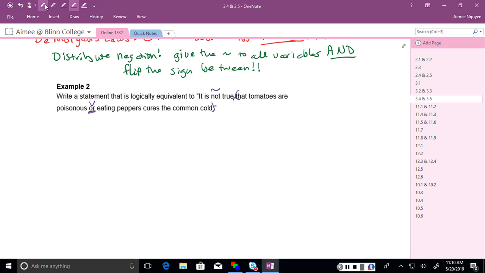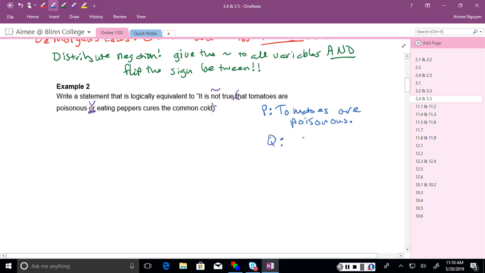So now I can go about this like we have previously, and I can decide what my P is. So P would be tomatoes are poisonous, and Q would be eating peppers cures the common cold.